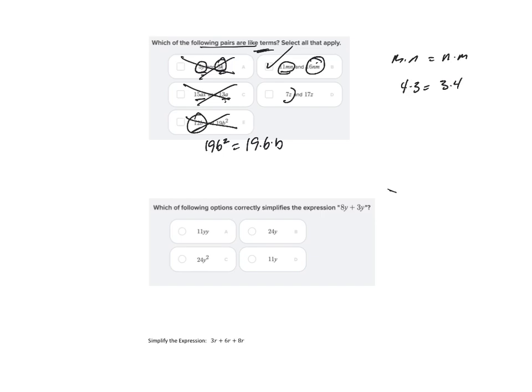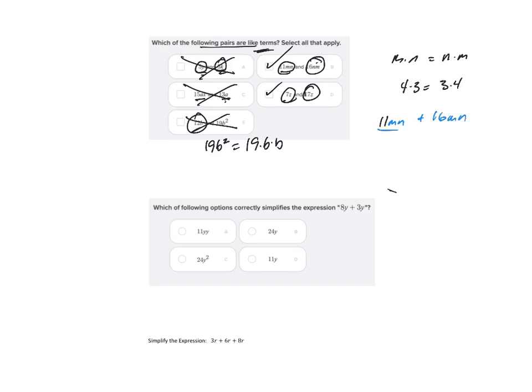And then this is 7z and 17z. They're both z's. So now that we know those are like terms, we could say 11mn plus 16mn.